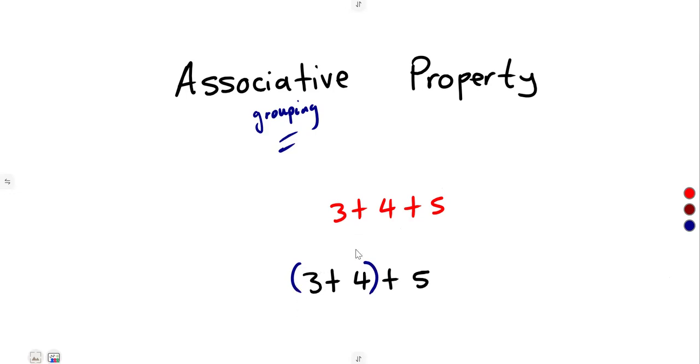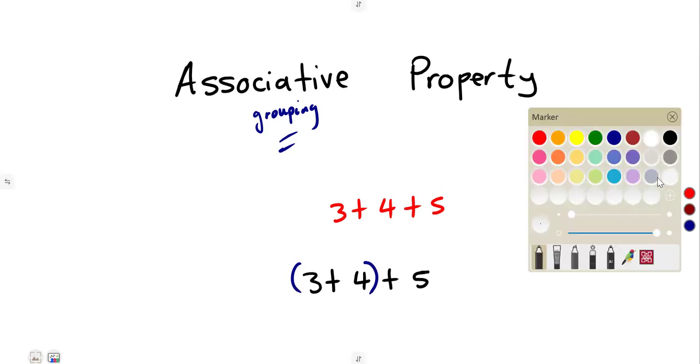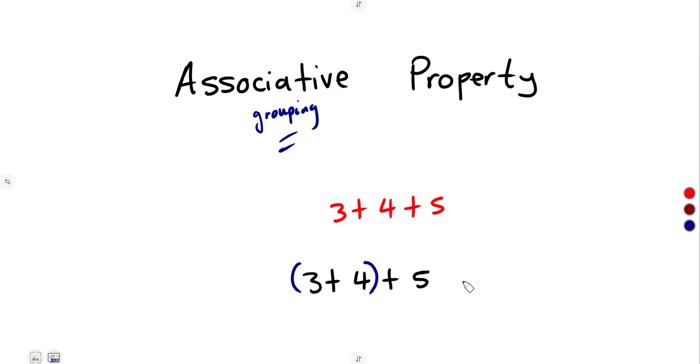It is the same thing if I need these two to be in a bracket. So let me have 3 plus 4 plus 5, then I choose to group these two in a bracket.